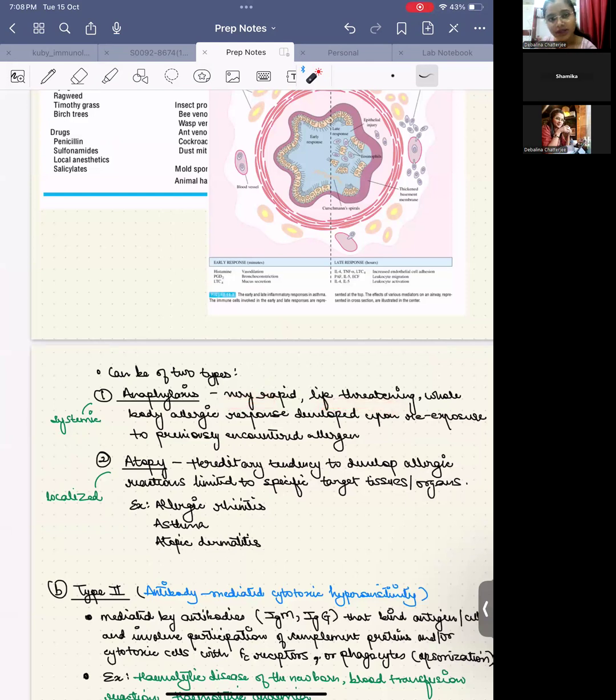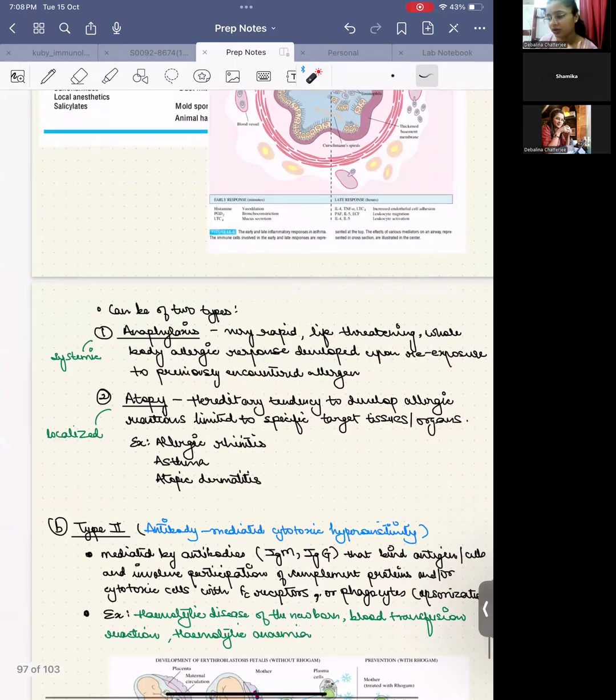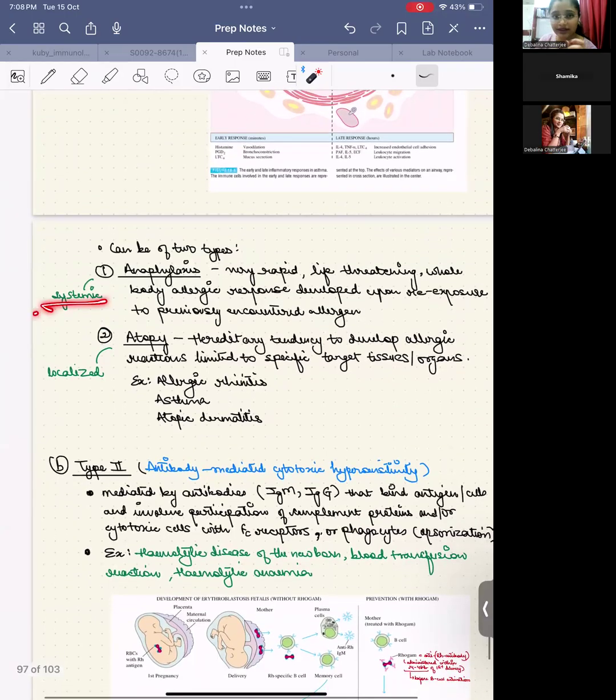So when your entire body system, multiple organs or multiple tissues, at the very same time is experiencing an allergic response, that situation is known as anaphylaxis, which means it's a systemic phenomenon. Systemic means anything that has to do with the entire body. All the systems. The name systemic comes from the fact that all the systems are affected or compromised.